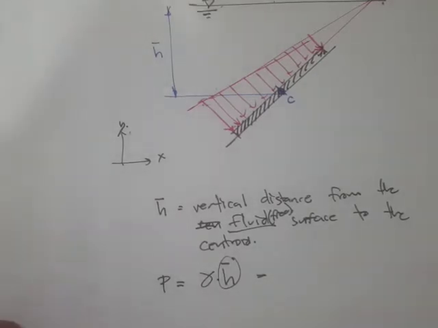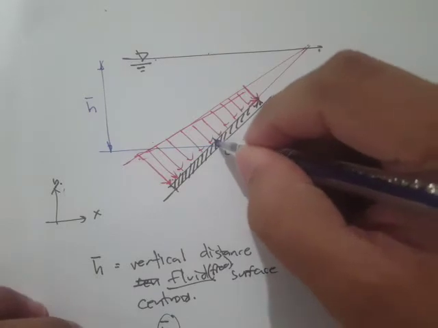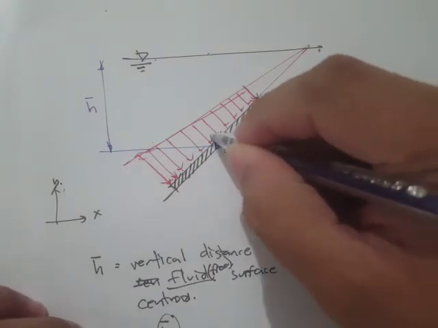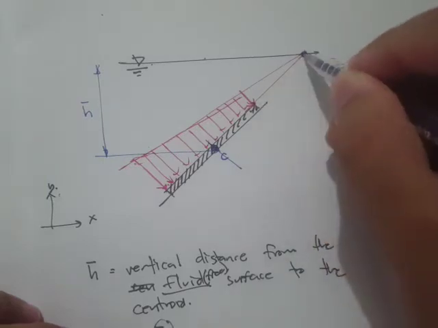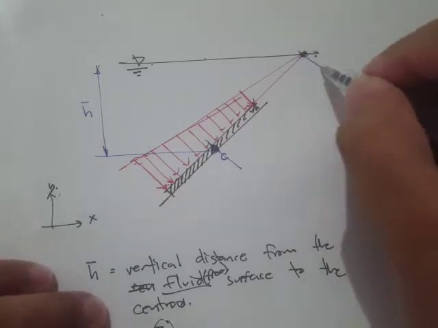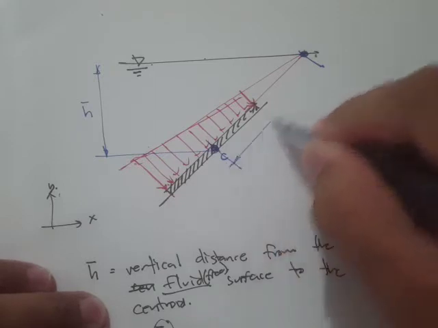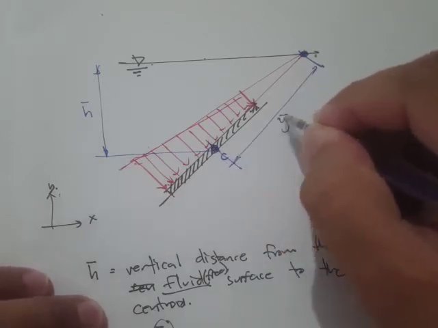Okay, so now let's define another parameter, the distance from the centroid to this extended, or projected, distance up to the free surface. So again, from this point to the centroid, that's what we call y bar.